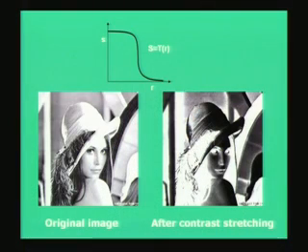Let us take just the inverse effect of this transformation function and see what the effect is. So, go to the next slide. As you can see here, if you take S equals T of R of this nature, where darker values of R in the original gray level image are transformed to a high value of S, and brighter or large values of R are transformed to low values of S, this is the output you will have after contrast stretching.